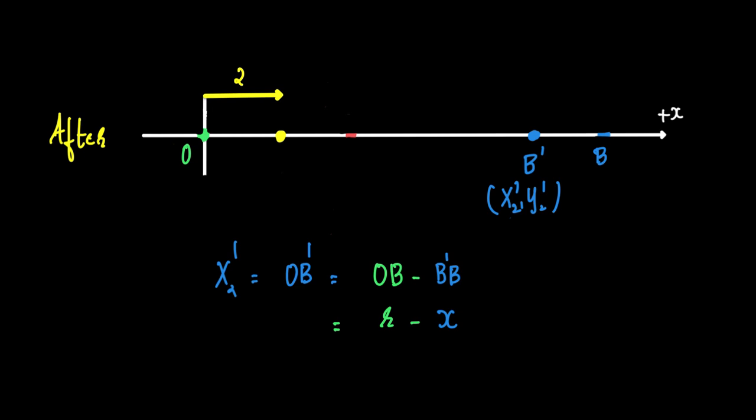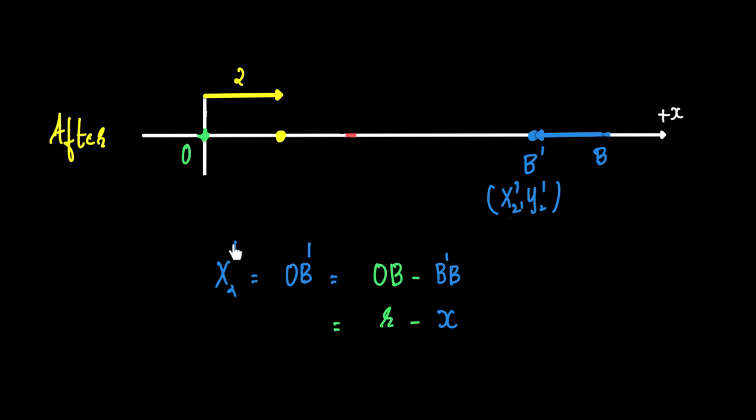See, when B is shifting towards the center of mass like this, the new coordinate is actually the length of this segment to B dash. So x2 dash should be this length OB dash. Why? Because we are measuring every length with respect to the origin O here.